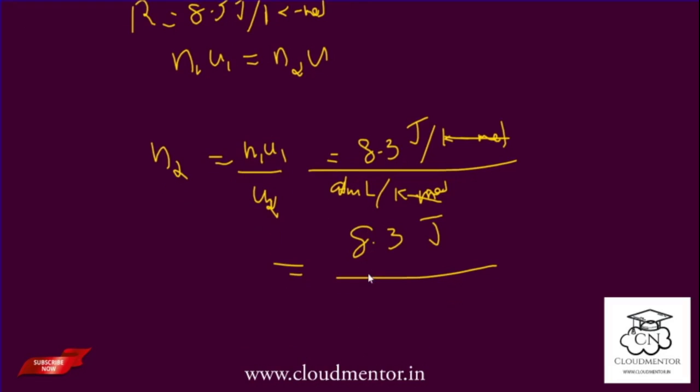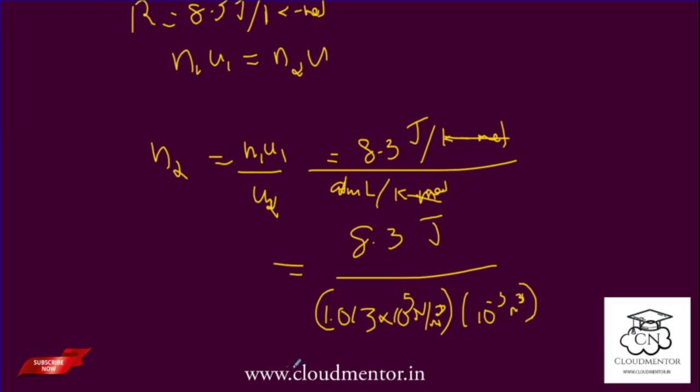converting atm to newton per meter square, it is 1.013 multiplied by 10 raised to 5 newton per meter square, and in the place of liter we can write 10 raised to minus 3 meter cube.